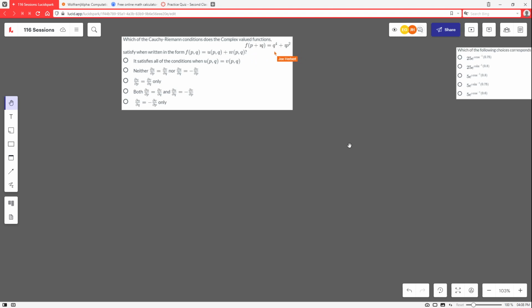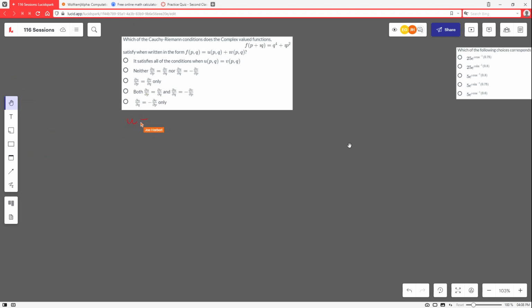We can see this, the real part is q to the 4, so we can say that... get the pen working. You have to click the squiggle. Yeah, got it.